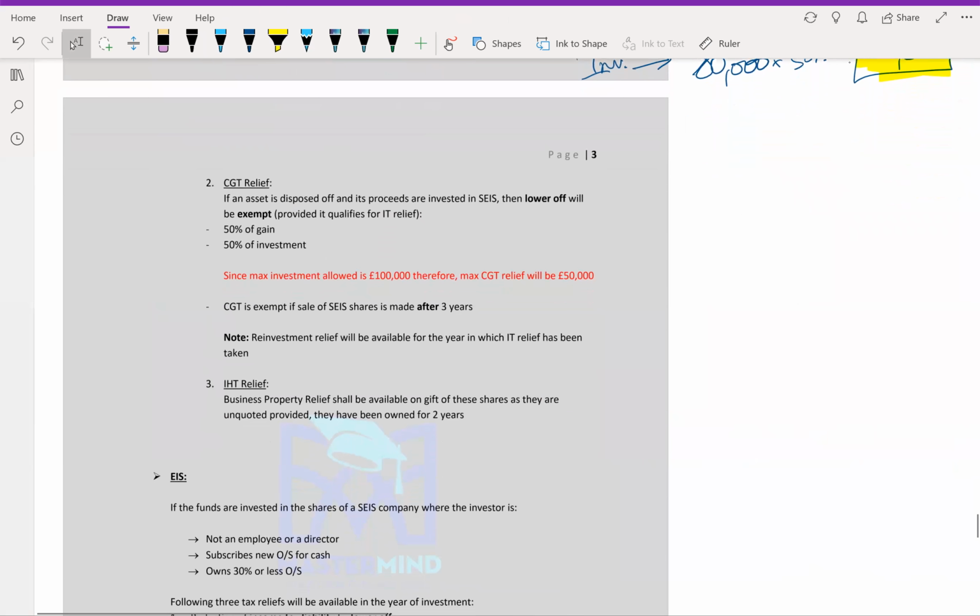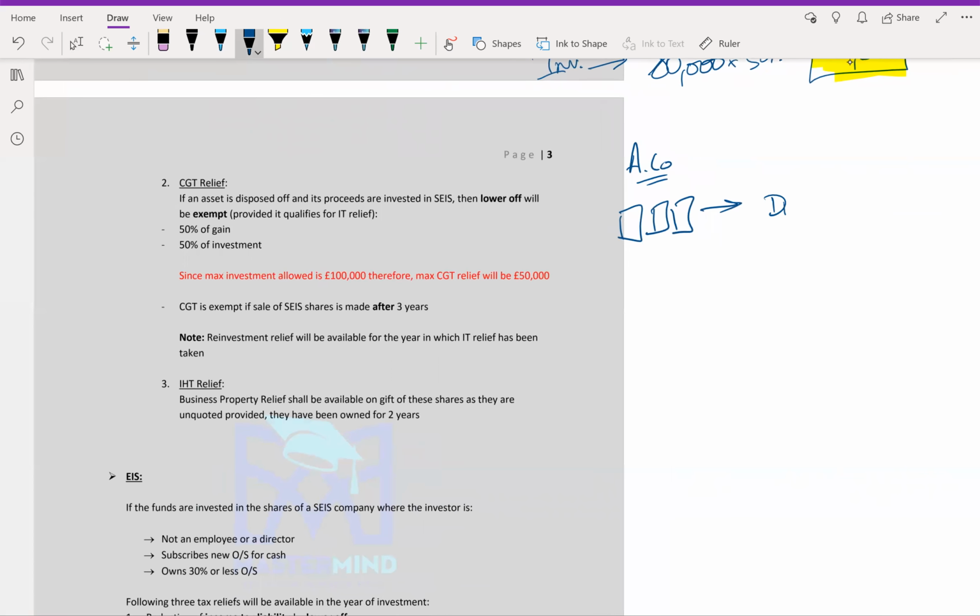All right. Second relief, CGT relief, capital gains tax relief. What relief do you get in capital gains tax if you sell one of your assets? So let's say you had an investment in a company's shares, and you disposed of these shares for 125,000.